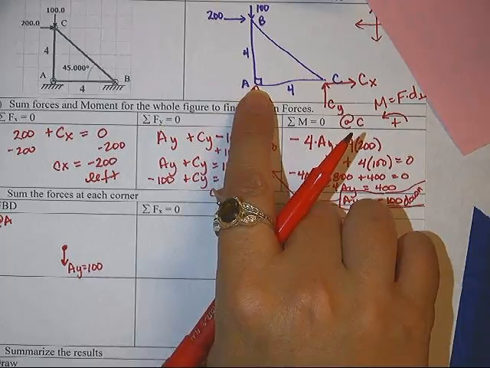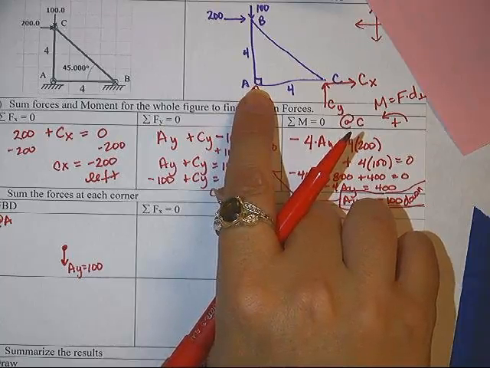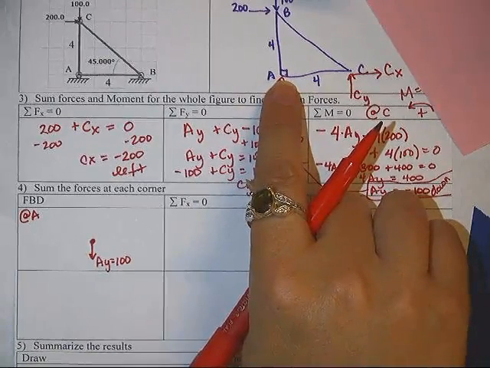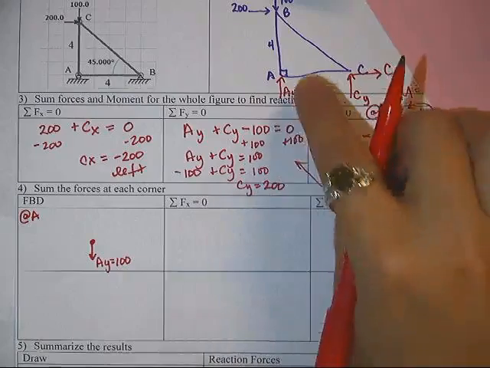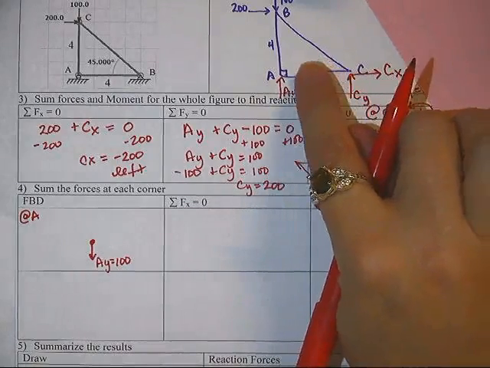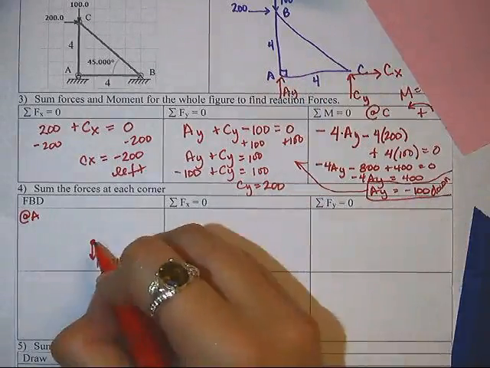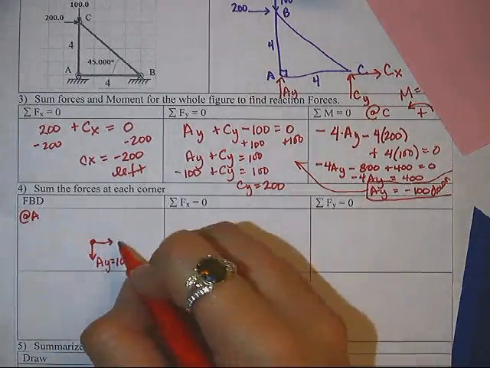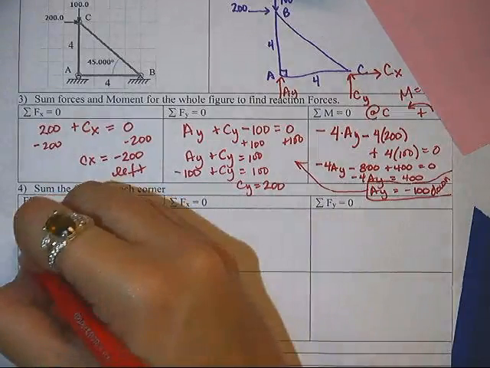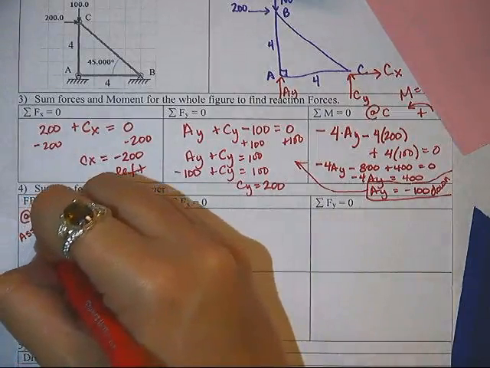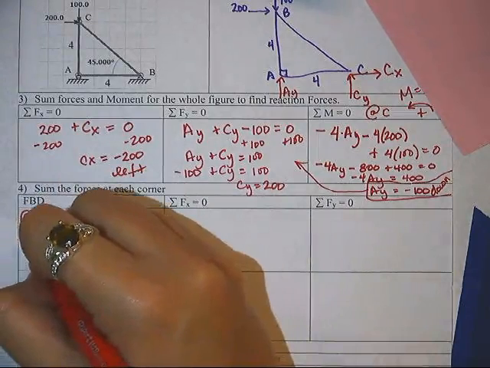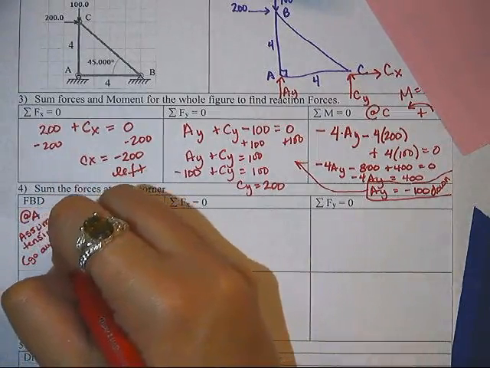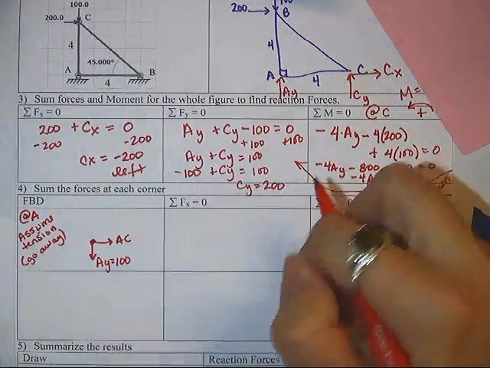We're going to make the assumption that all of our pins are in tension. So if this one is pulling on the pin going this way, I'm going to draw it like this. So this is AC. Assume tension. And to assume tension, it needs to go away from the point.